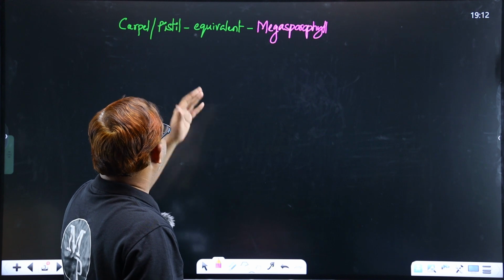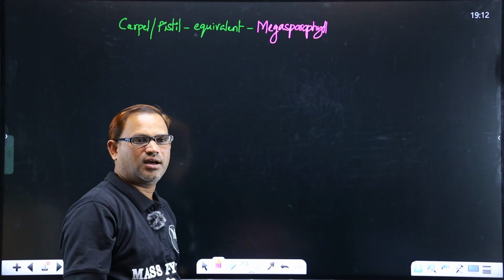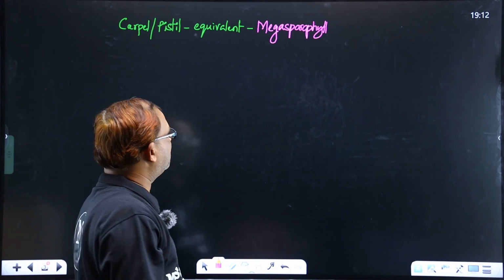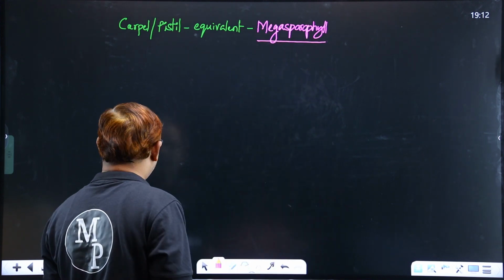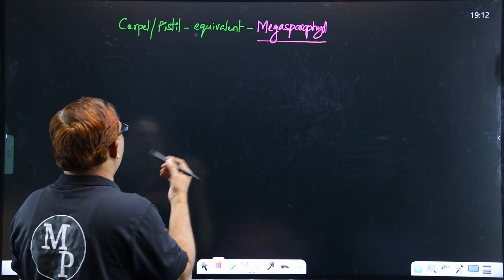Then carpel or pistil is equivalent to the megasporophyll. It's very important, right?